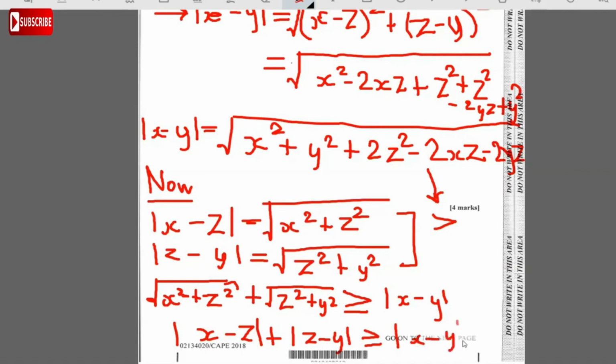Nice and easy. Now what you could do is even test it right here. Let's say x, y, and z were 1. Just to test it, look at this. Let's say all of them are 1: x equals y equals z equals 1.